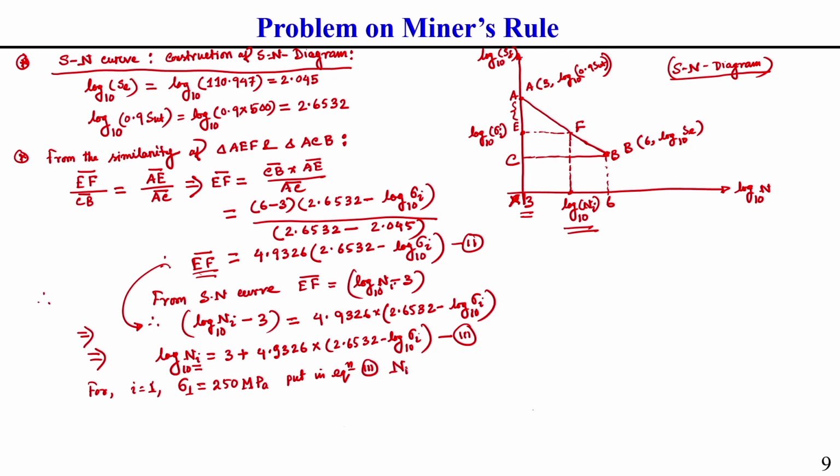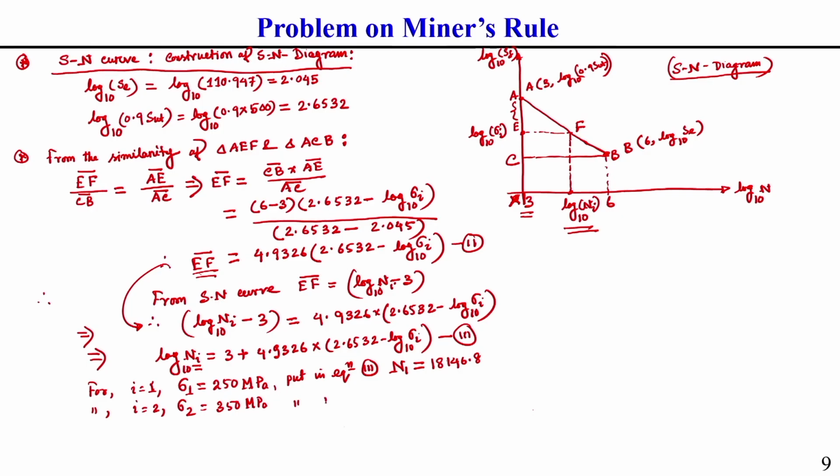This we can easily find out. Instead of putting this again and again, I am just directly telling what N1 is coming as, that will be better. N1 is coming as 18146.8 number of cycles.